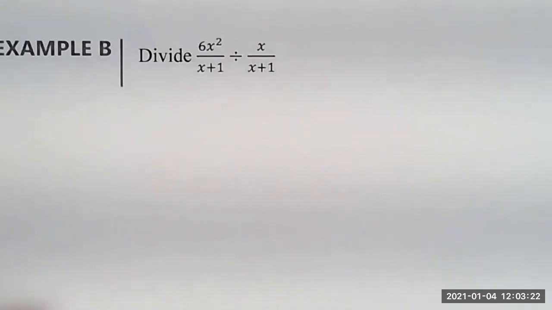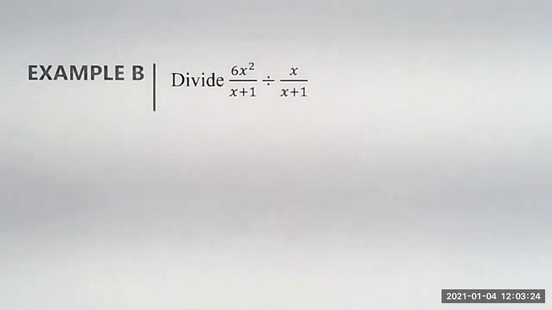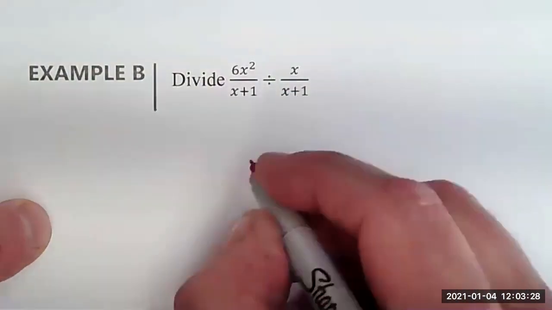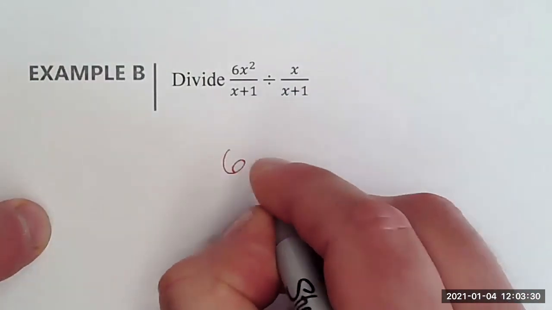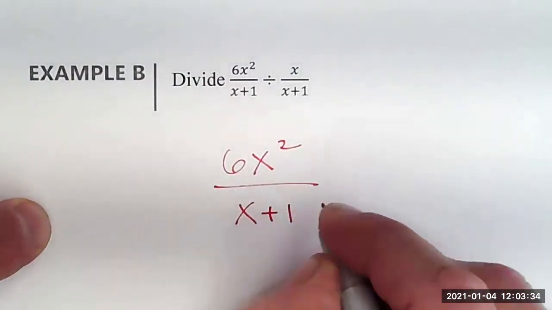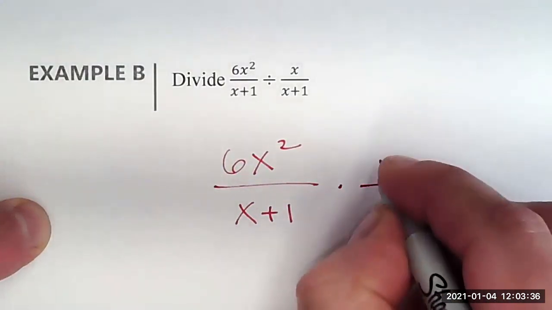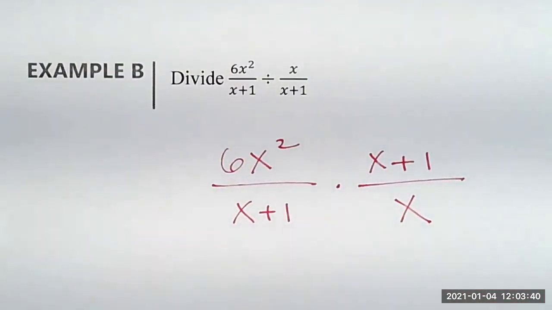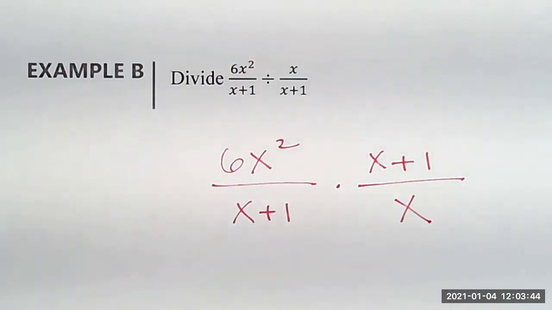Example B is a division problem. Recall that if you invert the last part and then multiply, that is sufficient. It's equivalent. Now I've turned my division problem into a multiplication problem.